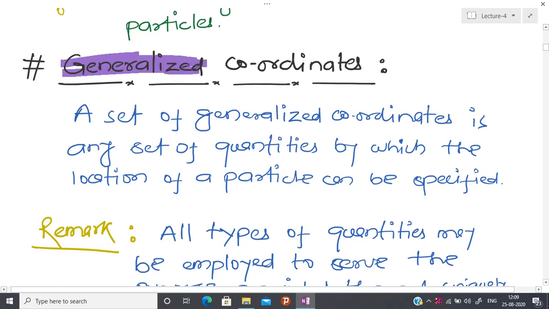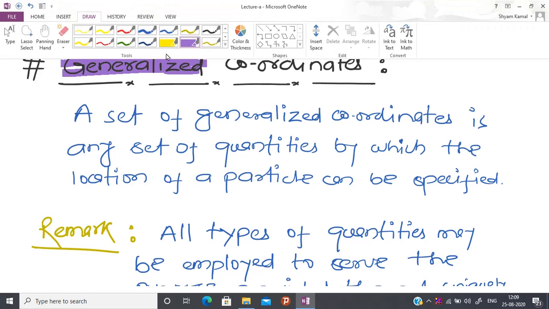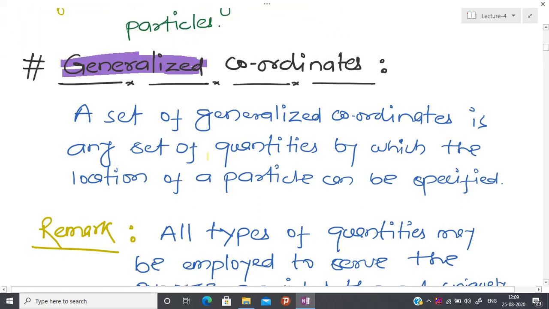So let us try to understand the meaning of generalized coordinate. A set of generalized coordinates is any set of quantities by which the location of a particle can be specified. It means that there is not only one way to specify the location of the particle. I can use different ways to locate or identify some particle.